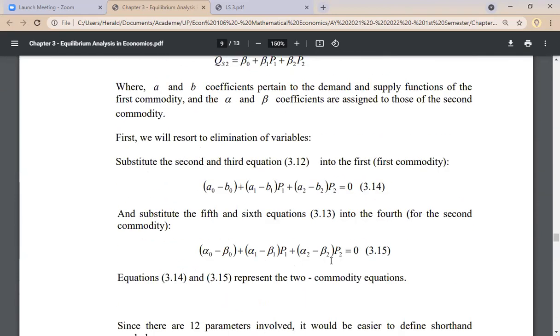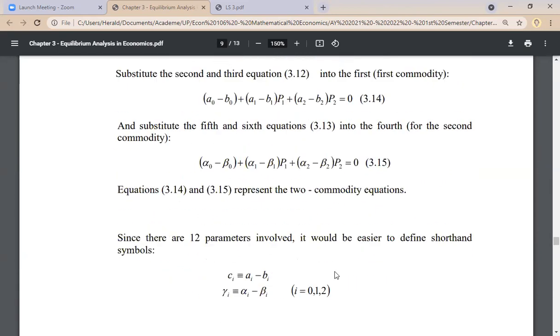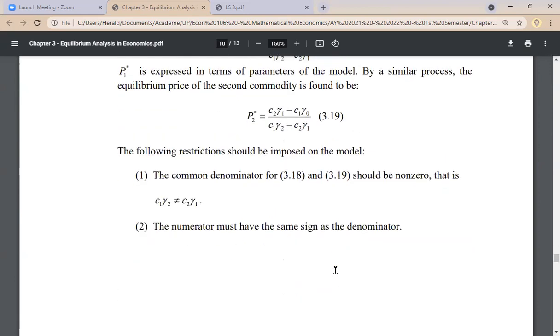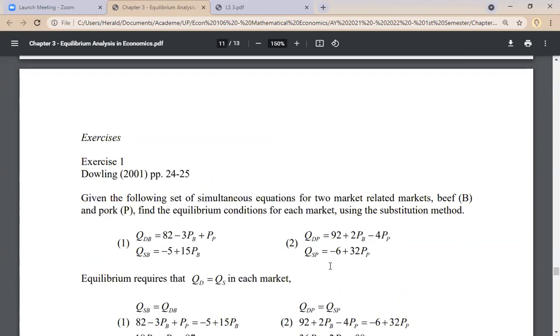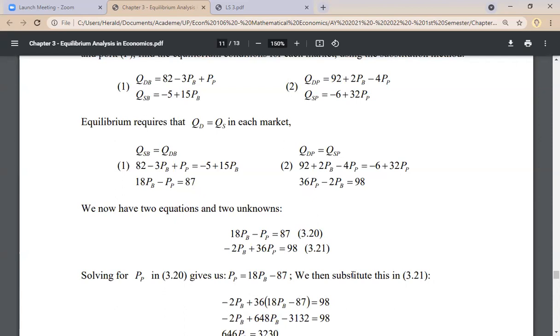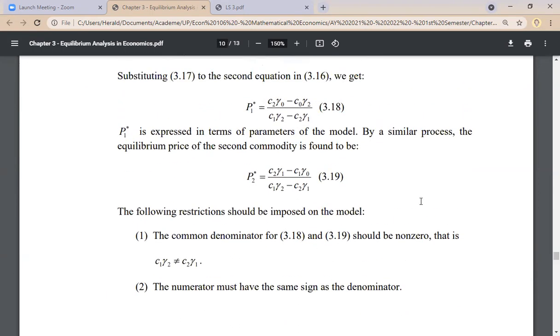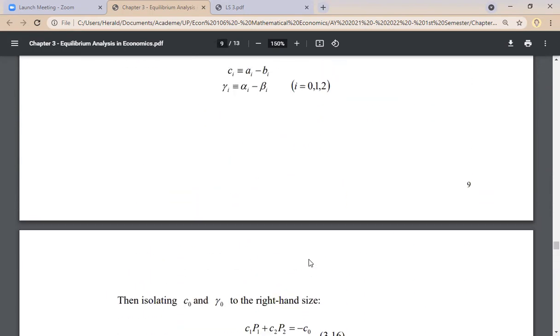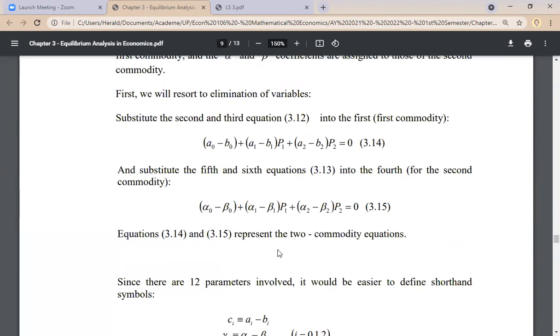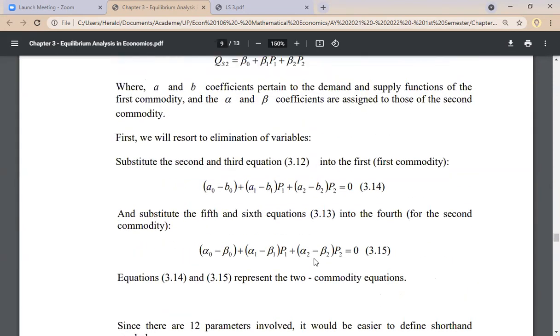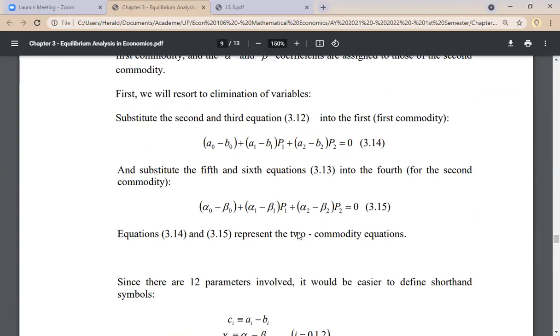What is easier when we're dealing with a general market equilibrium is when it already involves numerical coefficients. I think it's quite easier actually, especially when we've introduced specific examples. So let's not get overwhelmed by how this is described in terms of the general parametric terms, because again, the process is just the same.